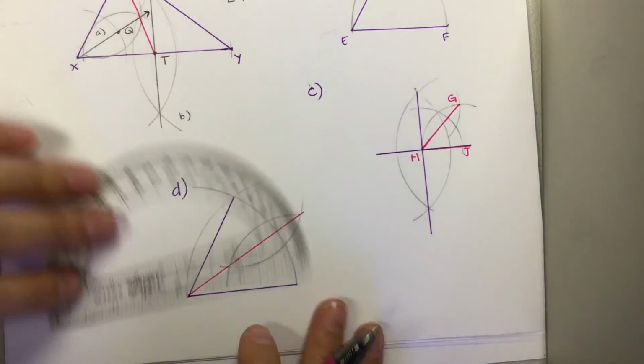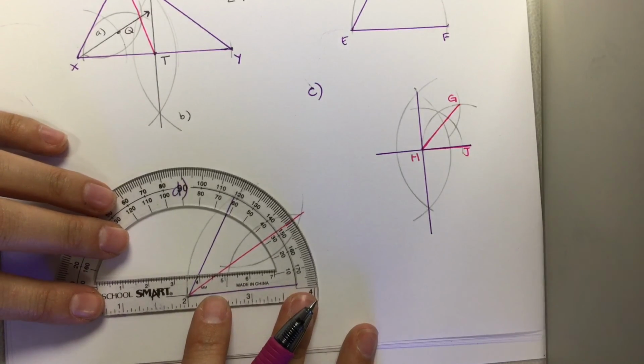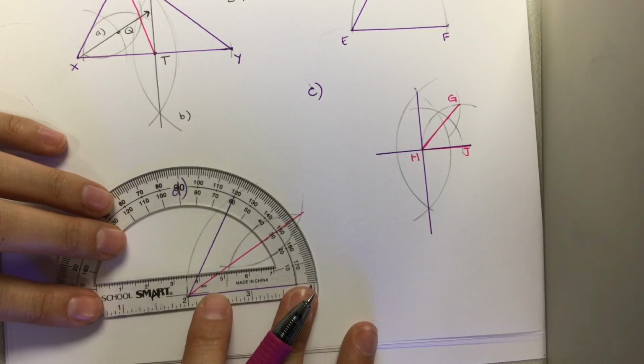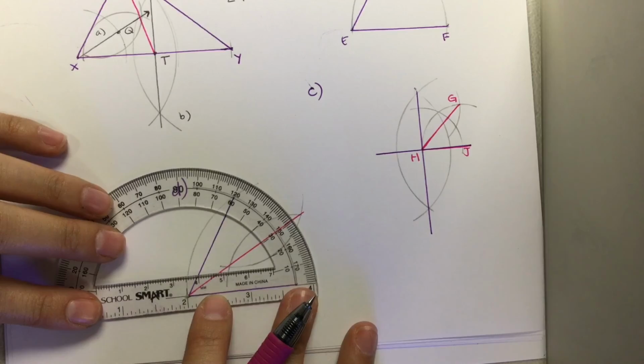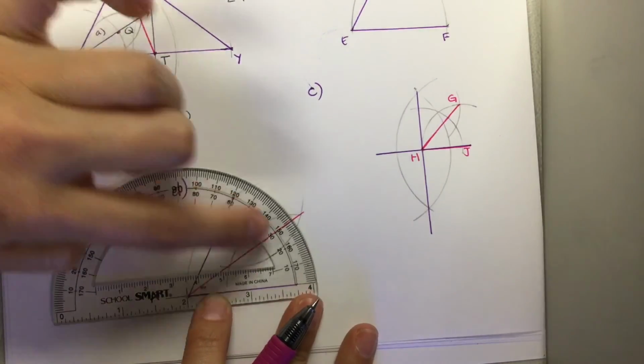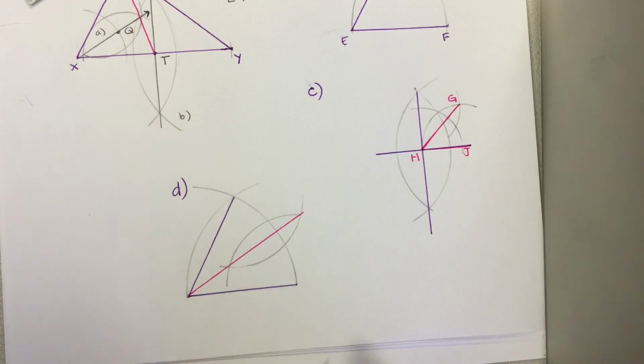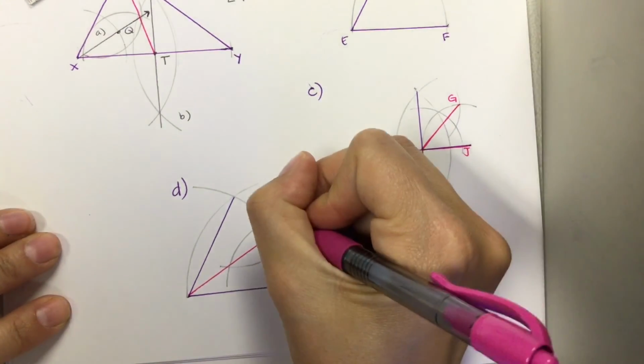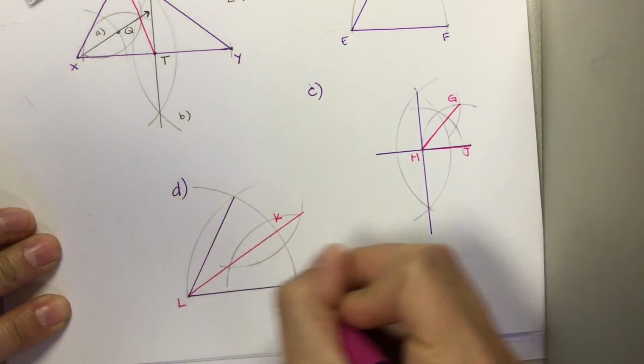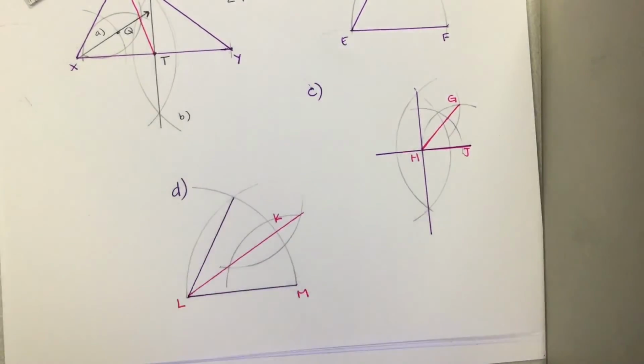And there's my 30 degrees, so if we take a look, there we go, 60, 30. All right, so we're going to name the 30-degree angle KLM. KLM. All right, guys, I hope this helps.